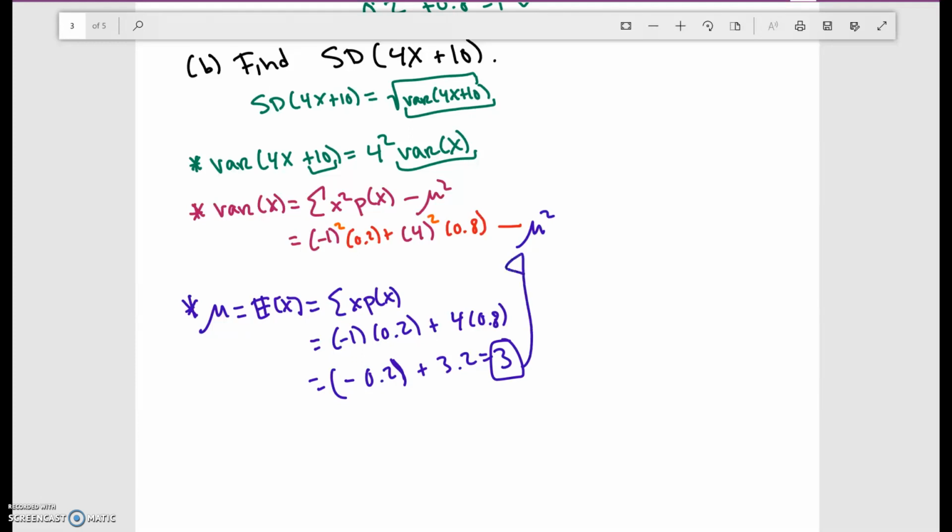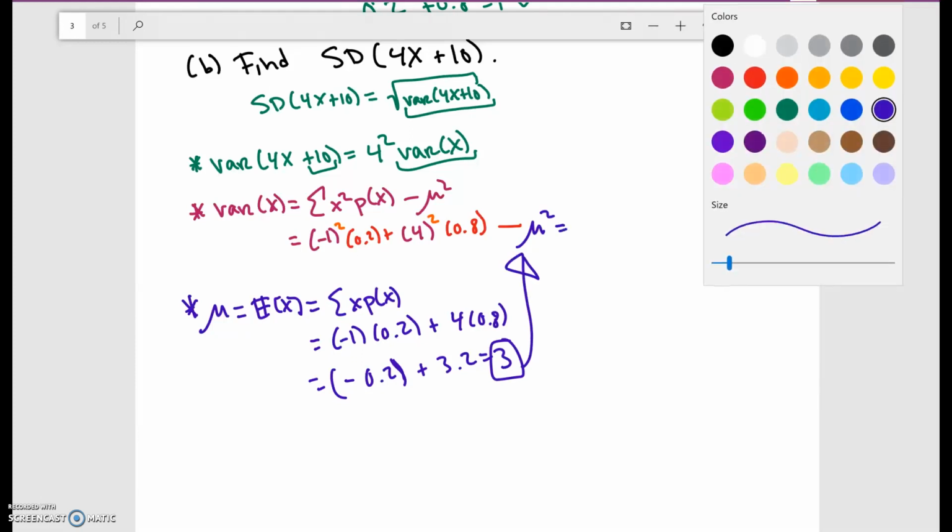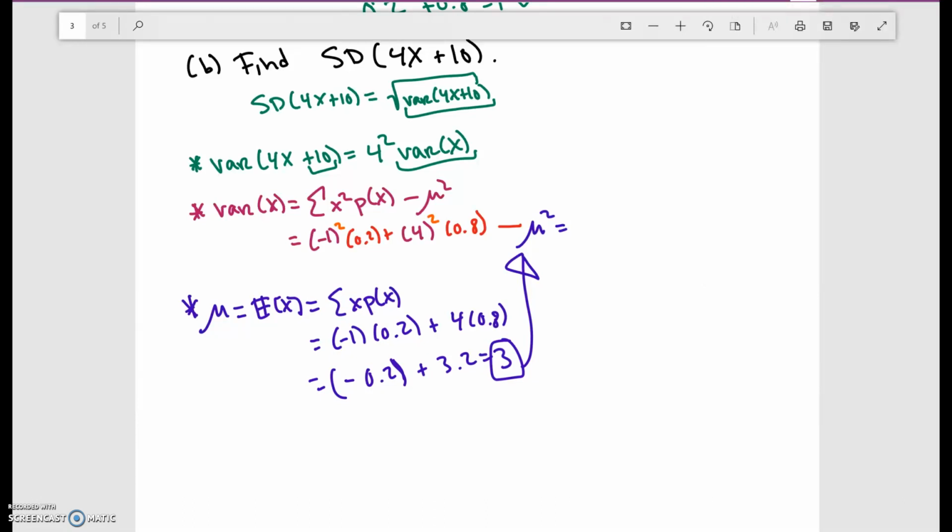Let me plug that back in. This is going to be -1 squared times 0.2, plus 4 squared, which is 16, times 0.8, minus mu, which was 3, which we just found, squared.